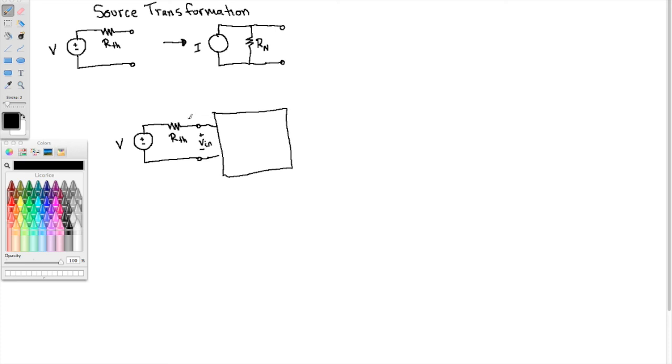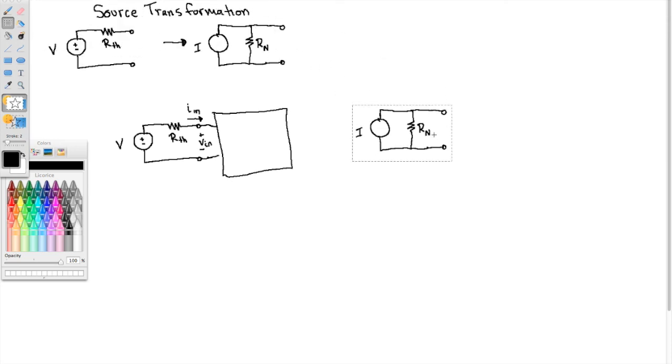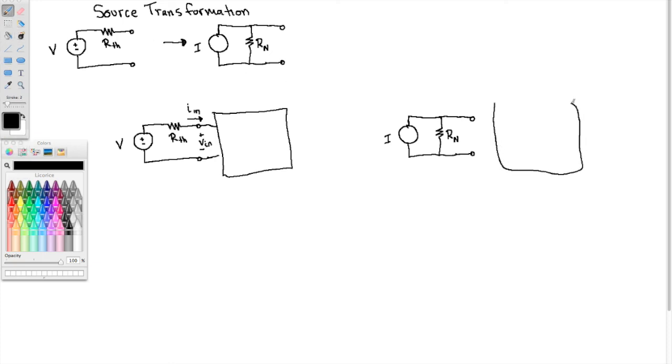And we know that there's a current here. Call it I in. Remember, the notion of equivalence is that if I've done the transformation correctly, then when I connect that same circuit, same box, I get the same voltage and the same current.